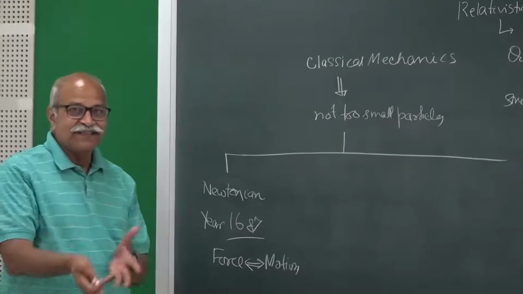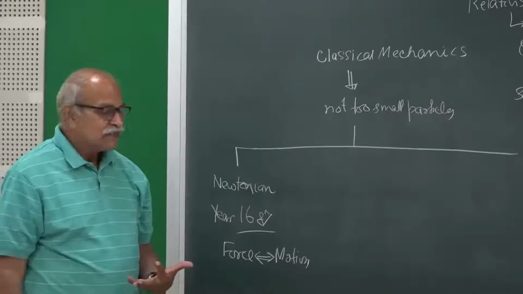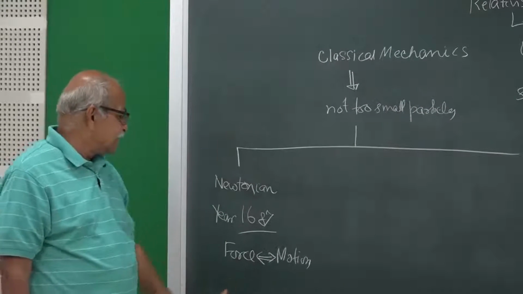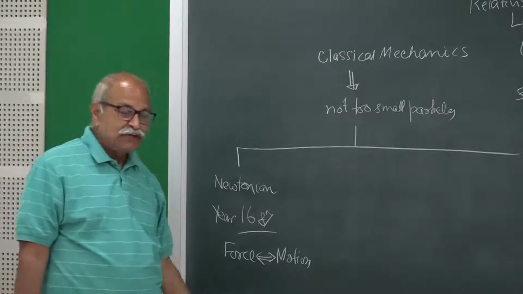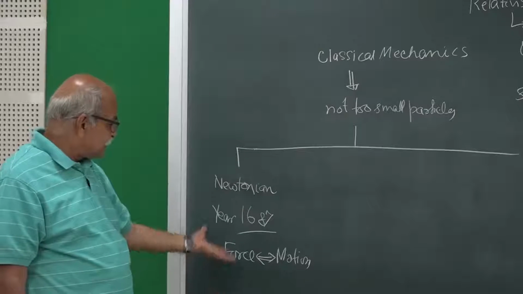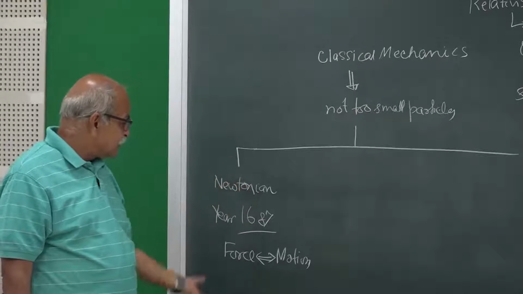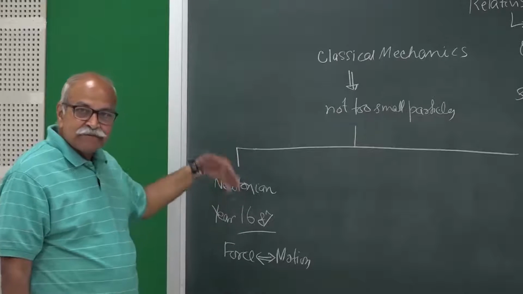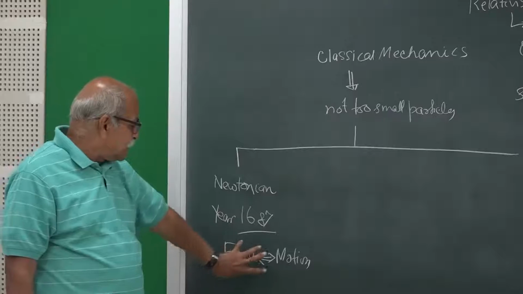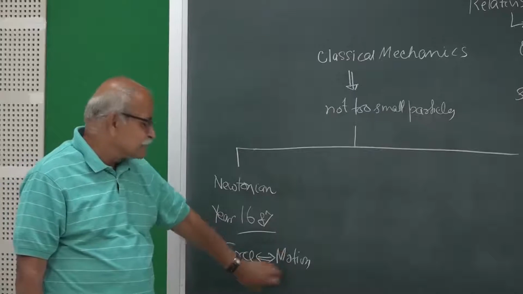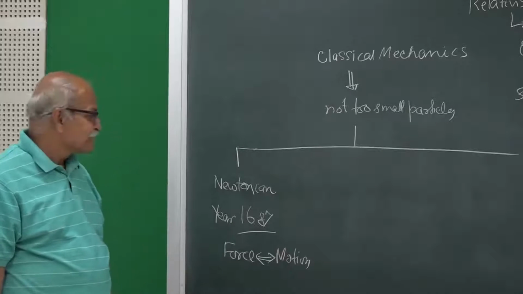So, forces are there, forces are causing motion, and from there this entire mechanics is developed. We will talk of various parameters like momentum, angular momentum, energy, all those things will be there, but the basic central theme is force and motion.